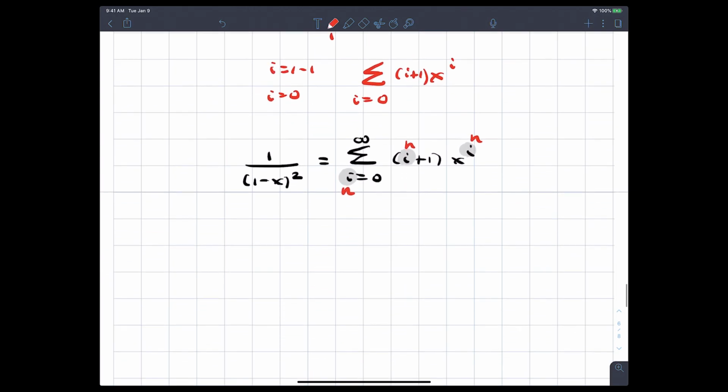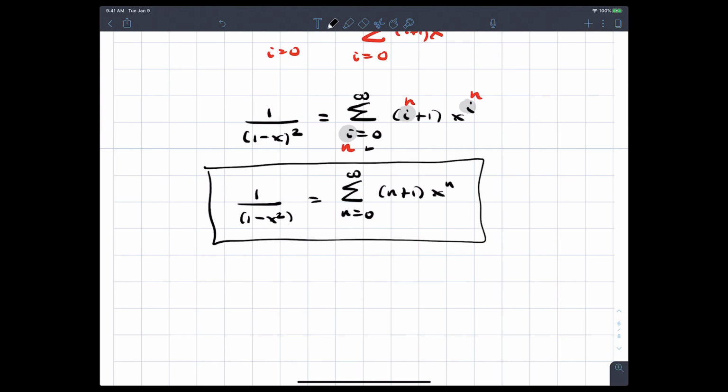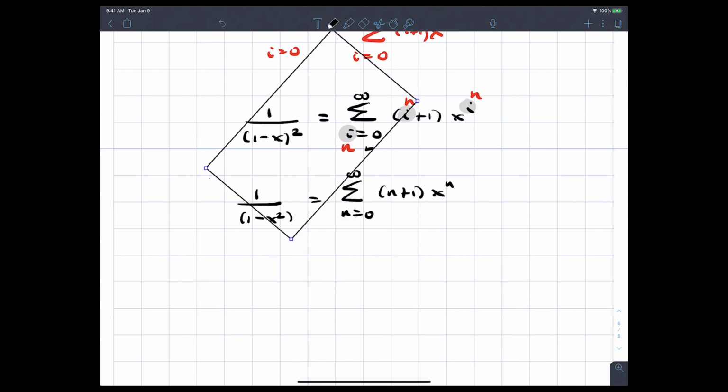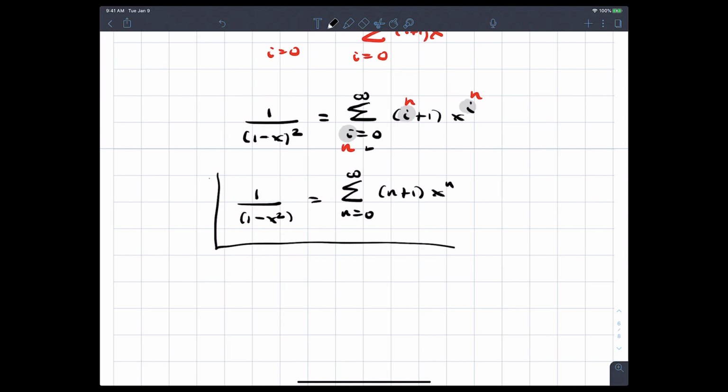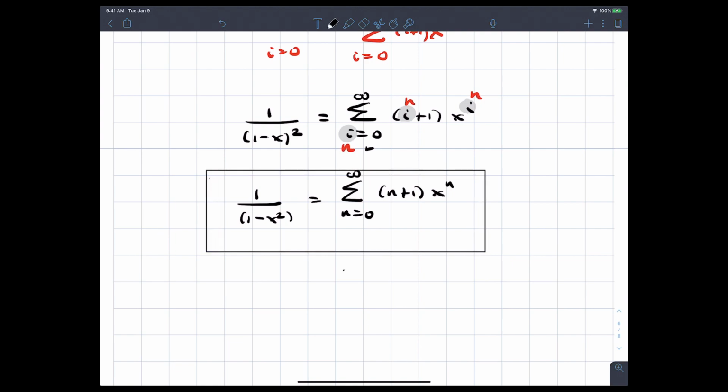And that's why in some of the solutions you have to be very careful. For me, the tip-off is looking at the index down here. Where does it start? And that's why you have n plus 1, x to the n, starts at 0. And here is the power series expansion for taking the derivative of that first function that we looked at in the beginning. So that's the derivation of where this formula comes from.